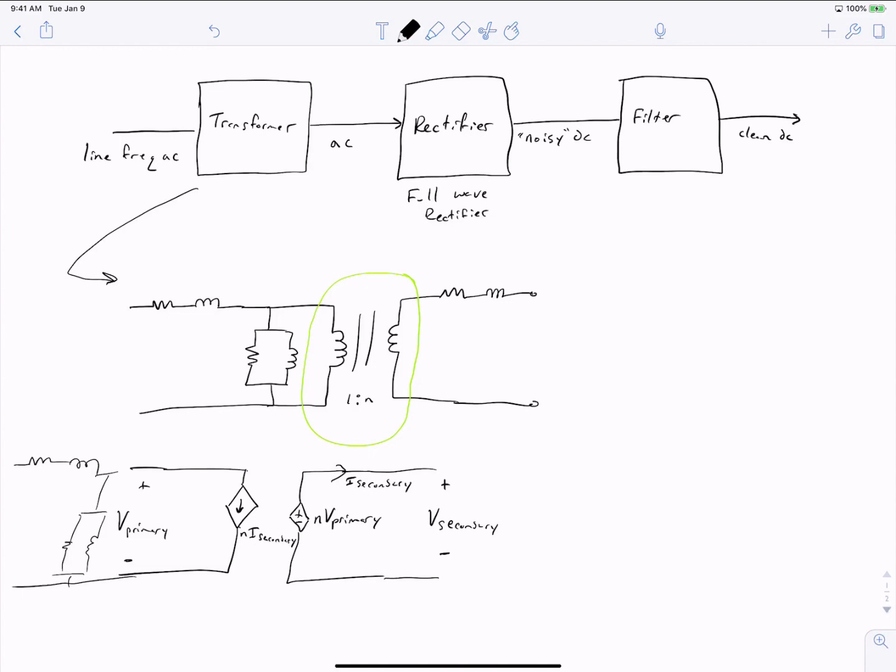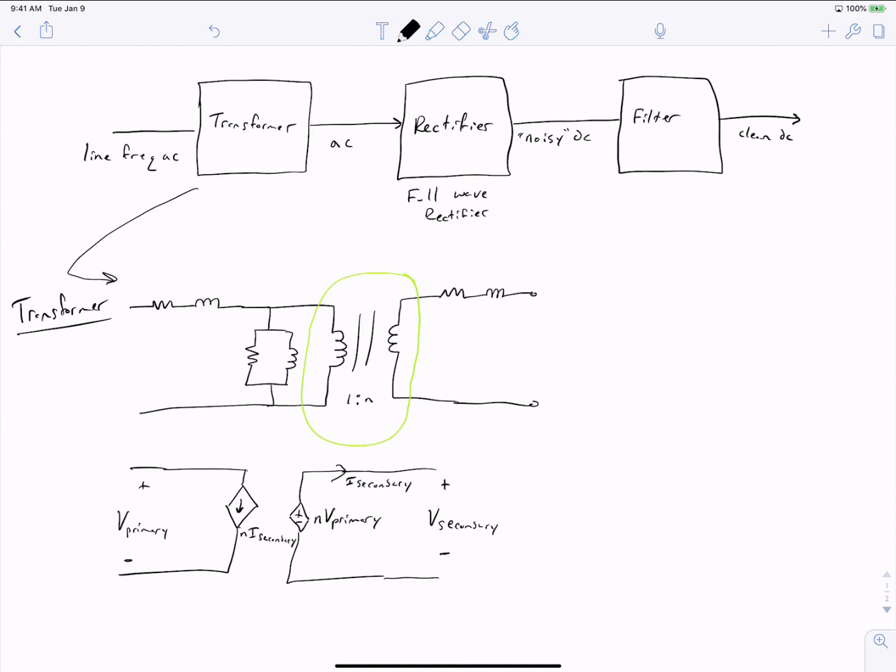Adding all these resistances and inductances adds complexity to your model. So when you're evaluating a circuit of a physical system, you need to take into consideration the level of complexity that you actually require. For our initial analysis in this class, we don't need to worry about these components. We can simply consider the dependent voltage source and current source model that we have right now. Moving on from our transformer, we can start to talk about the rectifier stage.